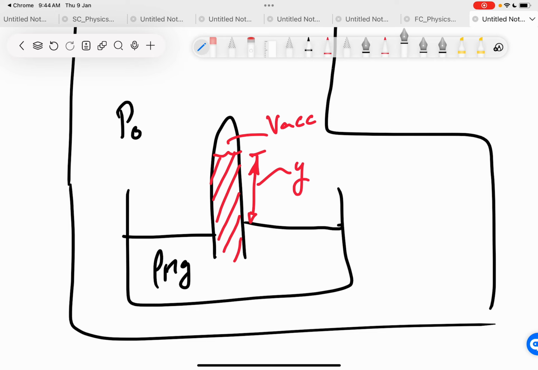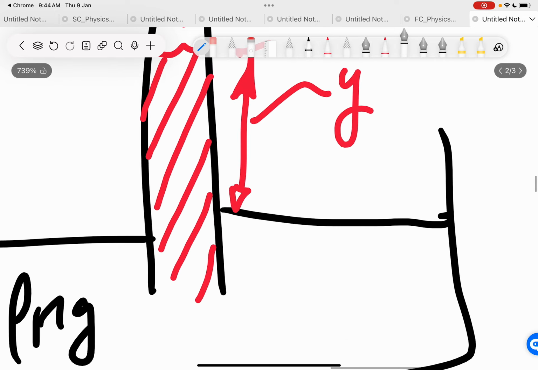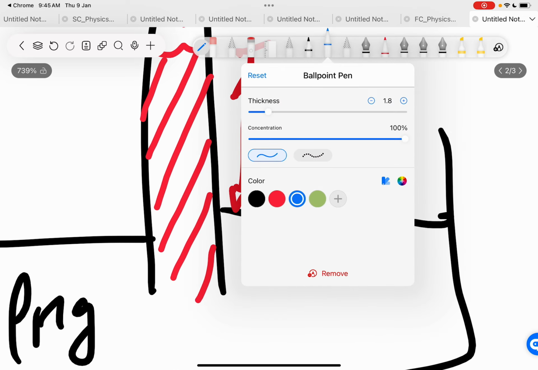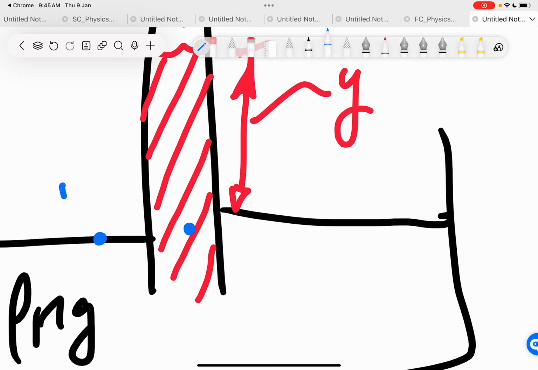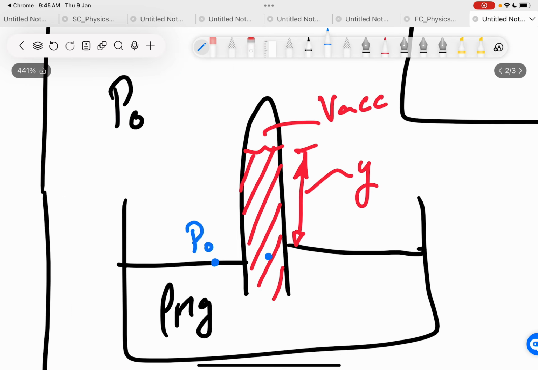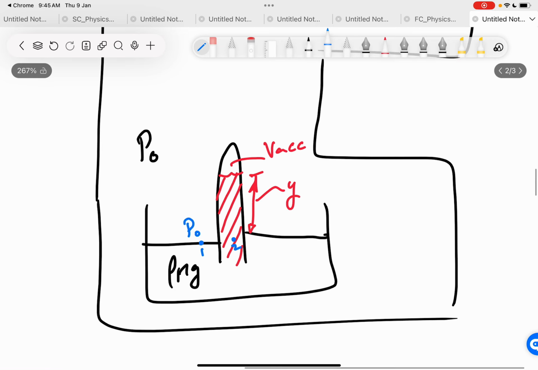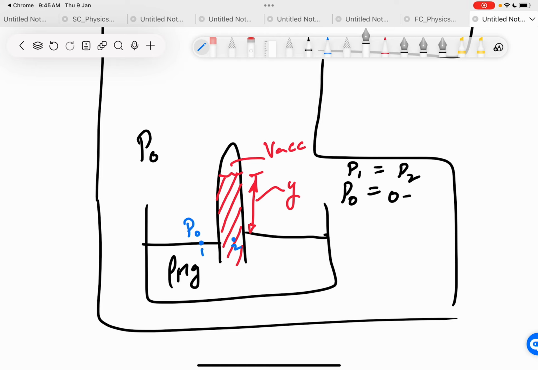By equating the pressures at these two points, that is the atmospheric pressure and the pressure due to the vacuum, which is 0, plus y column of density of the liquid, we arrive at a relation: P naught is equal to the vacuum's pressure, that is 0, plus y multiplied by the density of that barometric liquid, in this case mercury, into g.